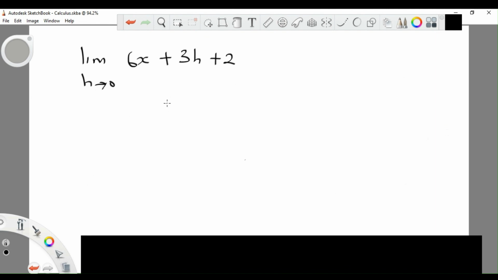Now, our last step in doing this is to substitute h for 0. So if h is equal to 0, we have 6x plus 3 times 0 plus 2. So that gives us 6x, and 3 times 0 is 0, so we have plus 2.